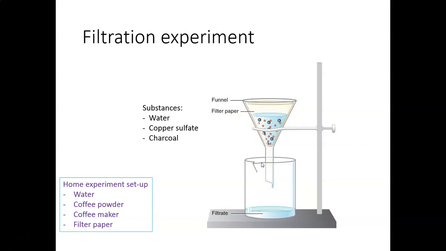If you can do this at home, I'm not asking you to make coffee, you're doing an experiment. So instead of letting the coffee maker slowly put boiled water onto the coffee powder, you should try to dump a cup of water or half a cup of water into the filter paper with the coffee powder inside.